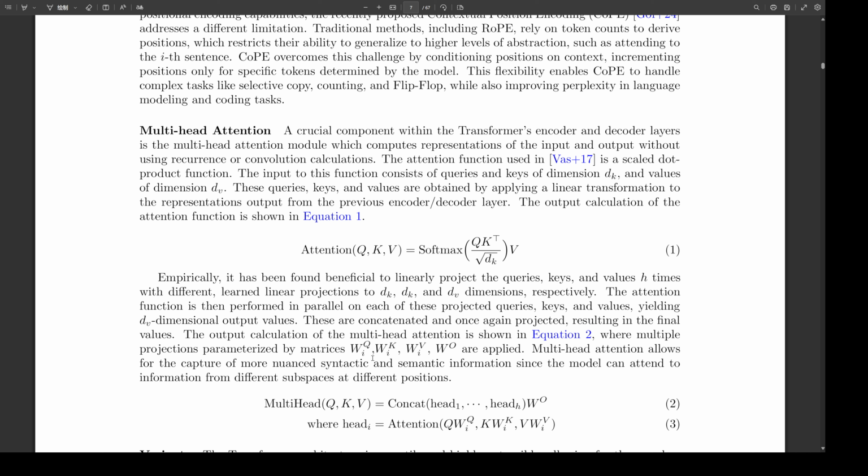This allows the model to attend to different aspects of the input at the same time. So it's like looking at the text from different perspectives, capturing different types of relationships between words. Exactly. And these different perspectives, or heads, are then combined to produce the final output of the multi-head attention module. It's a very powerful mechanism for understanding the nuances of language. It makes the model more sophisticated in a way.